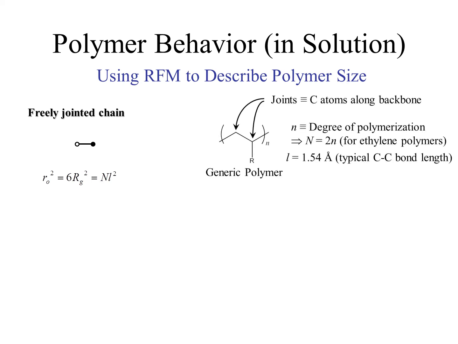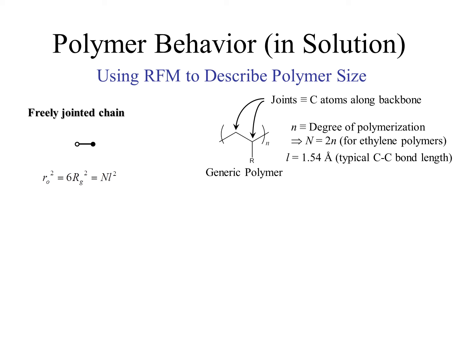First off, a real polymer is composed of mers. Each mer has a specific number of carbon-to-carbon bonds that it contributes to the polymer's backbone. Knowing the chemical structure of the monomer residual, we can convert the degree of polymerization, small n, into the number of segments in the freely jointed chain, which I purposefully represented as capital N. For ethylene polymers, acrylic polymers, vinyl polymers, and some others, there are 2 carbon atoms for each monomer residual.